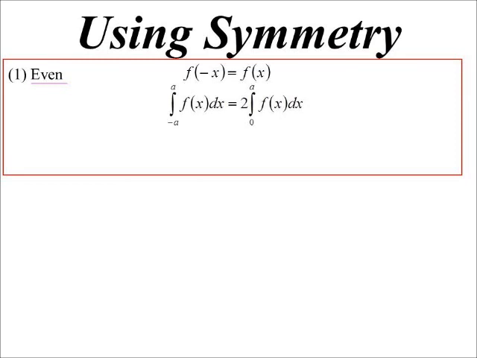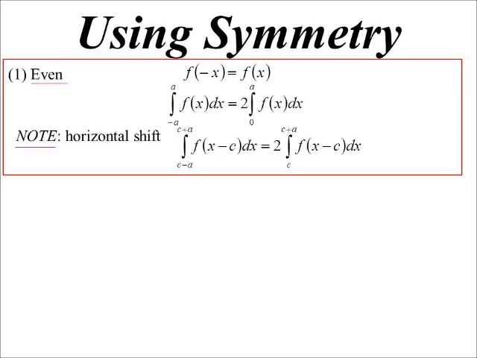Now, of course, if you have a horizontal shift, the symmetry still exists. So if you had this sort of situation, if you've shifted everything across c units, you'll notice that you're integrating an even amount on either side of c, so c - a to c + a. You could still use the idea: 2 times the integral from c to c + a.